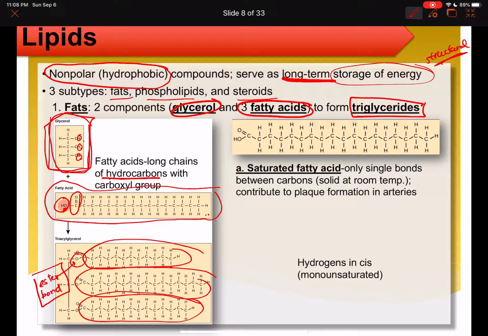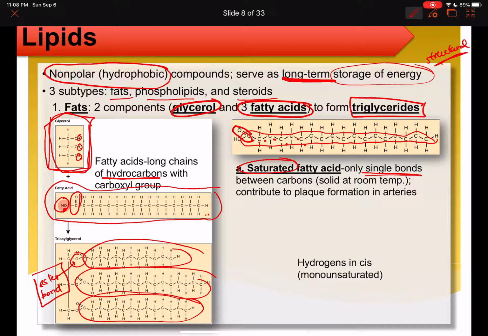There are saturated versus unsaturated. So a saturated fatty acid is when there are only single bonds between carbons. So if you look at all these carbons here within this whole chain of fatty acid, they're all bonded together by carbon single bonds. Now we're not talking about the carbonyl group here.